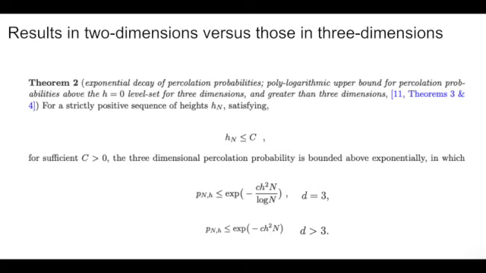And so these results demonstrate a dichotomy or a difference between the 2-dimensional and 3-dimensional behaviors of the metric graph extension of the Gaussian free field.